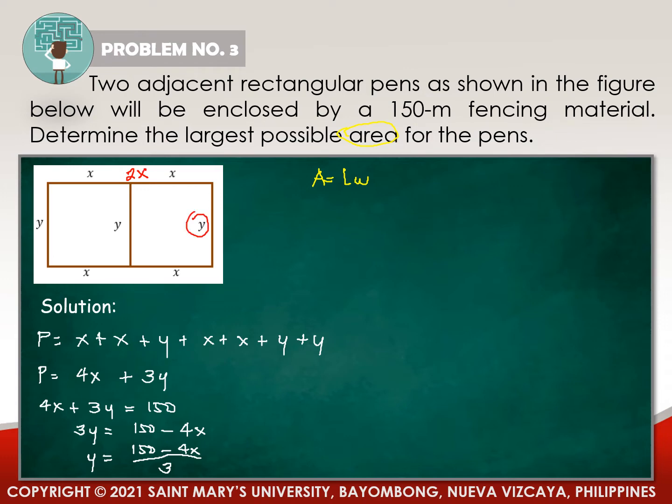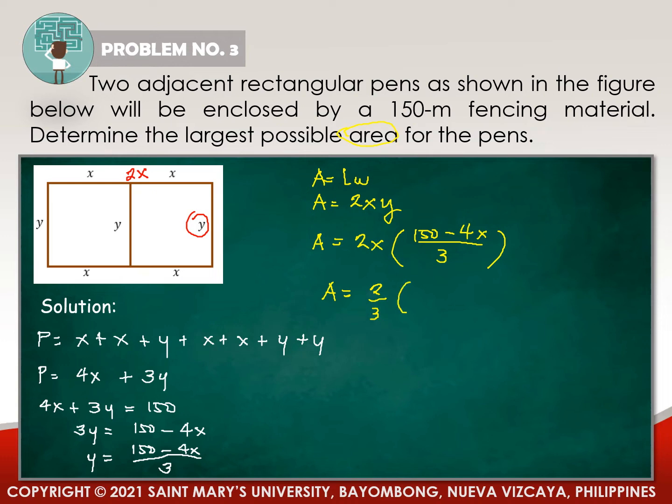So, this means that A is equal to length, which is 2x, times the width, y. Okay? So, simple substitution lang. So, A equals 2x times the value of y. Ang y natin, yung 150 minus 4x over 3. Okay? So, ilabas na lang natin yung fraction na 2/3.